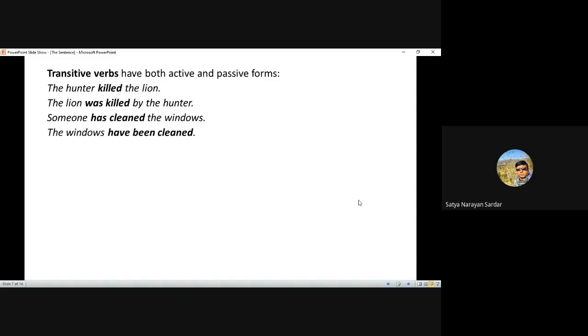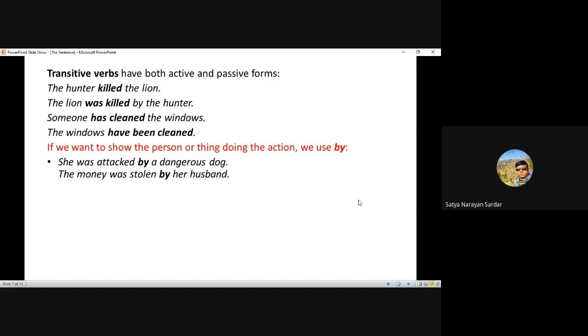The windows have been cleaned. If we want to show the person or thing doing the action, we use by plus subject. Let's see. She was attacked by a dangerous dog. The monkey was stolen by her husband.